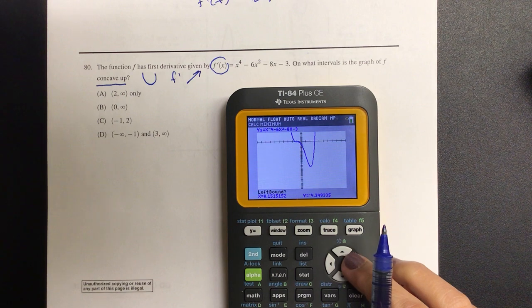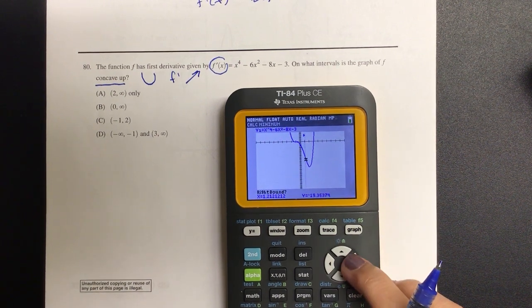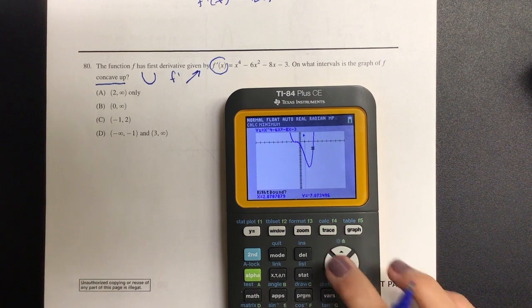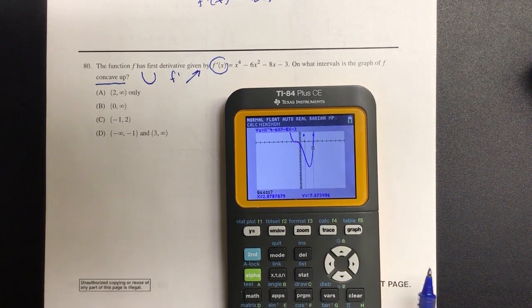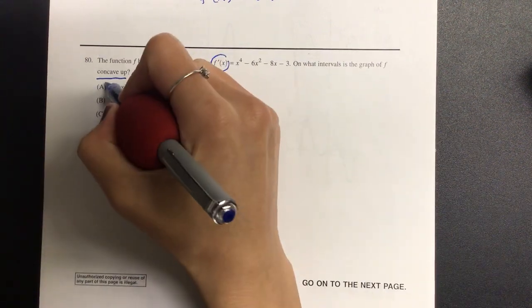Select anywhere on the left of that tip and anywhere on the right of the minimum. It asks, can I calculate between those two bounds? Just say yes. The value is 1.999, which means I can round it to what number? 2. So it's starting at 2 and going forever to the right. So it must be 2 to infinity. Boom.